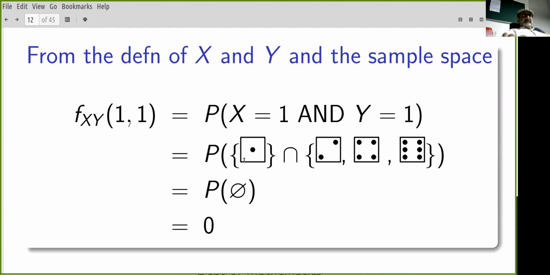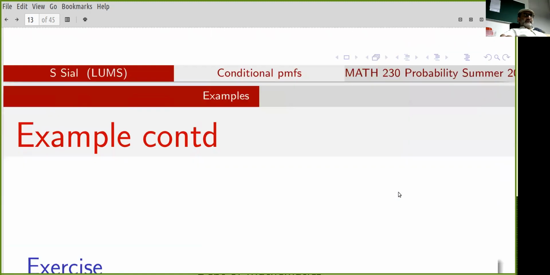In terms of the sample space, that's the probability that you rolled a 1 in intersection with the event of rolling a 2, a 4, or a 6. The intersection of these two subsets of the sample space is empty, and the probability of the empty set is 0.